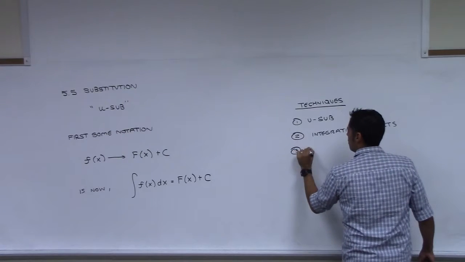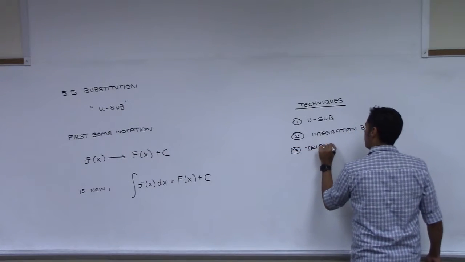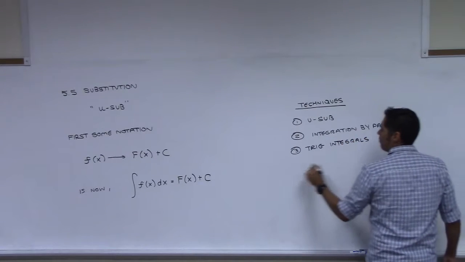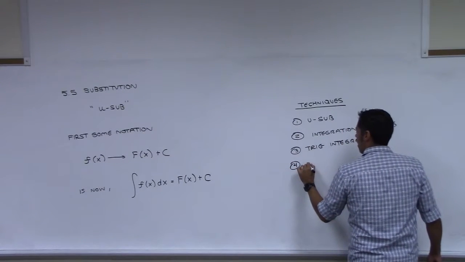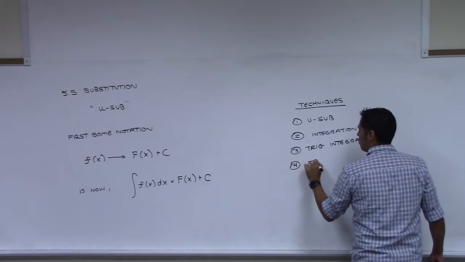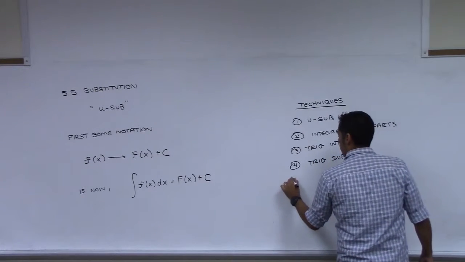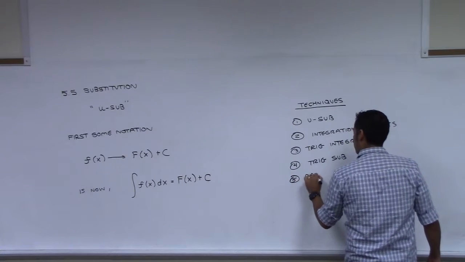Then 3, we're going to do trig integrals. And then we're going to do trigonometric substitution. I'm just going to call it trig sub. And then the last one is going to be partial fractions.